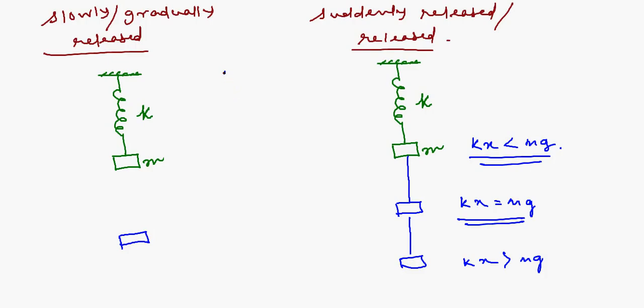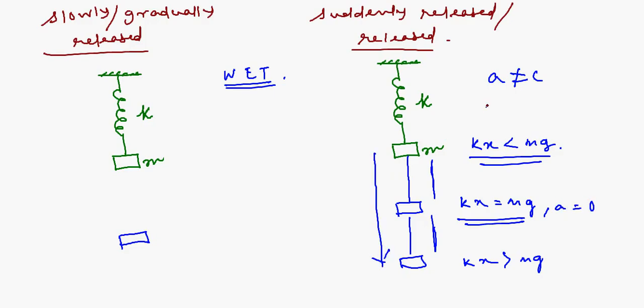Let's see where we can use work energy theorem. As such, in mechanics, in any case, we can use work energy theorem, but preferably we use it when the acceleration is not constant, as is happening here. The acceleration is not constant here, not constant here. Here the acceleration is 0. Throughout the motion, the acceleration is not constant, it's variable.